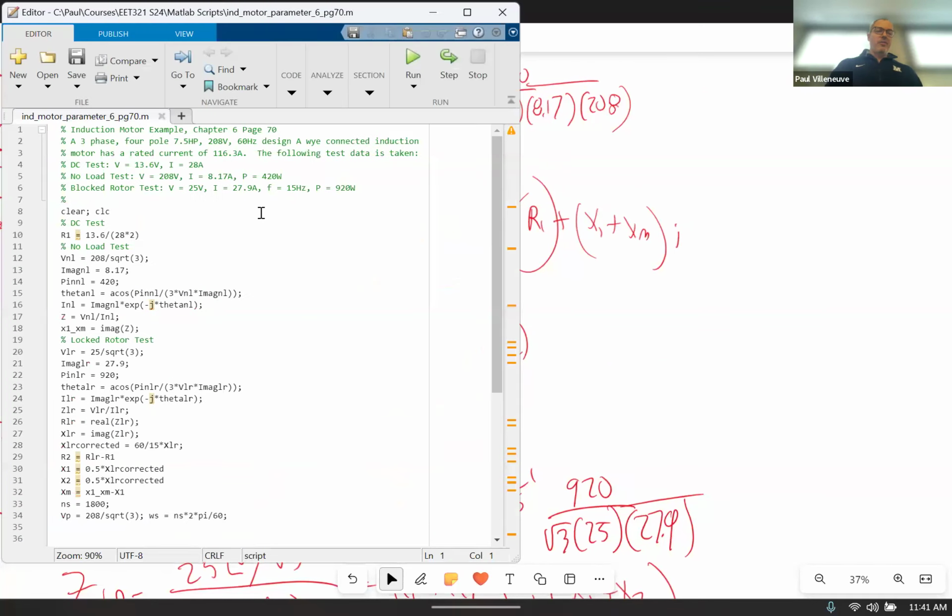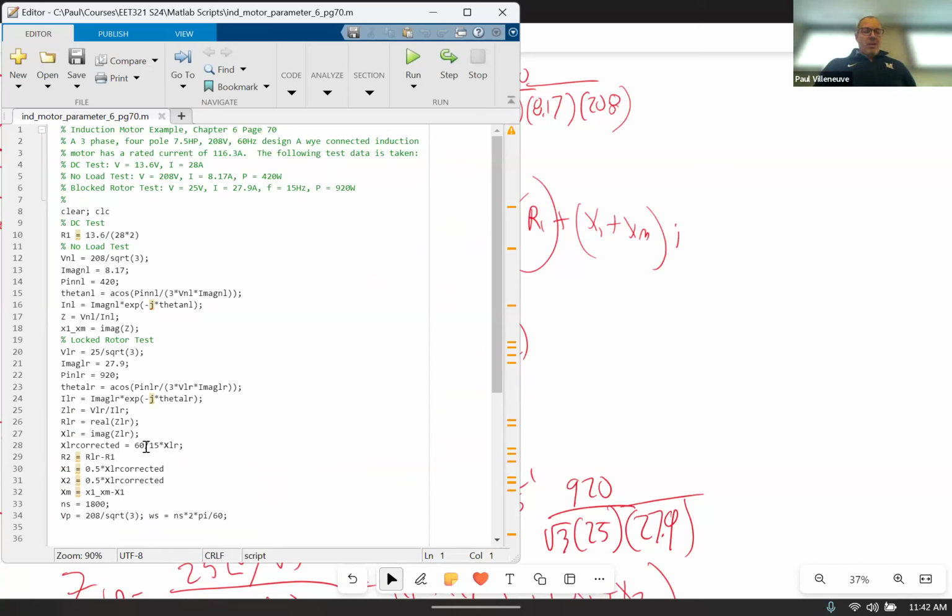So I need to go through and do my locked rotor test. Enter my data, get my angle, add it to my current. Notice the negative sign. Calculate Z, pull out the real and the imaginary parts to equate R1 plus R2 and X1 plus X2. Now I corrected it. So I corrected the frequency here. So that's 60 over 15, because 60 is the rated frequency.